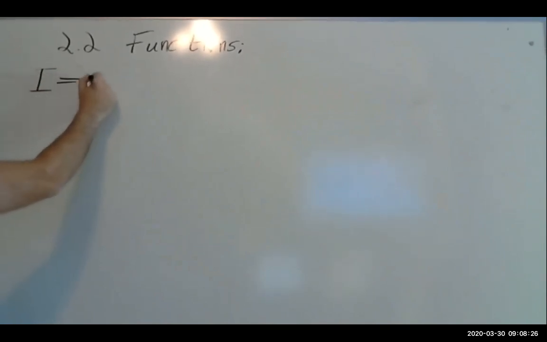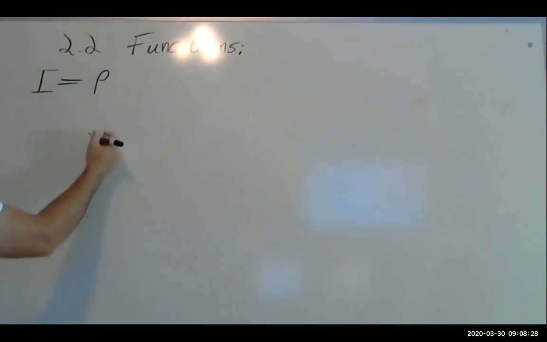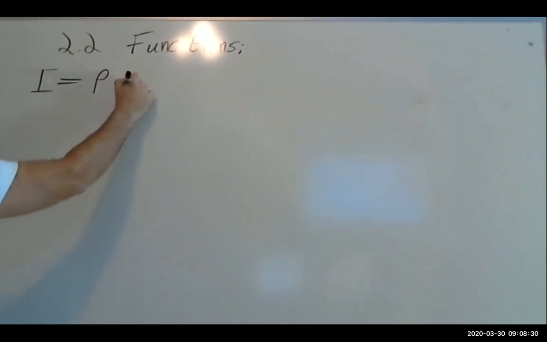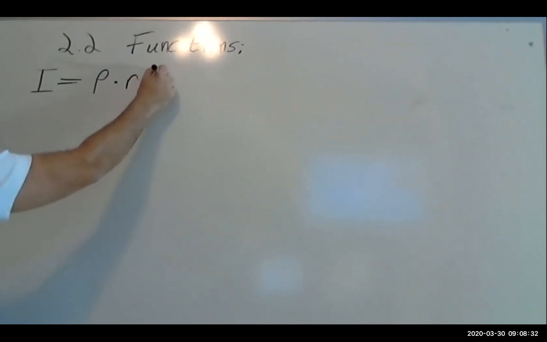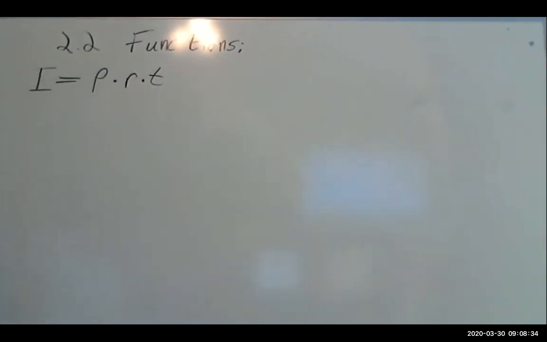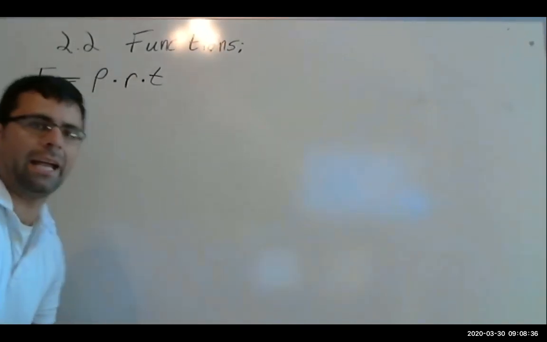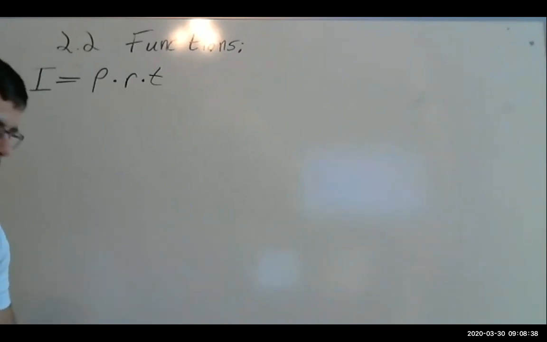I equals principal times rate times time. So this is a function. And you might think, oh, well, it's just an equation. Kind of. At least that's the way we generally deal with them.